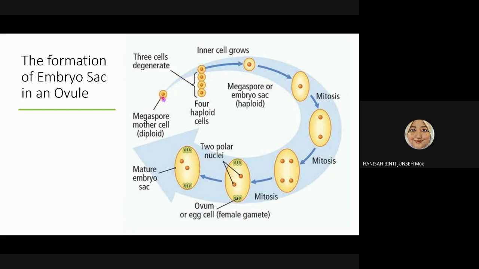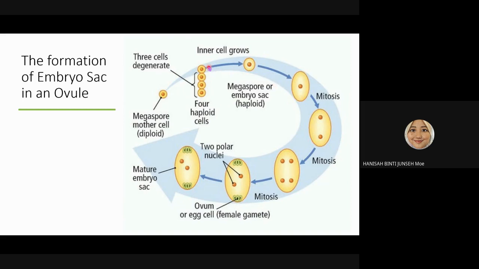From one megaspore undergoing meiosis, it will produce 4, but only one will continue to grow. Only one. How about the other 3? 3 cells will degenerate. Dia akan degenerate, merosot. Okay, dia tidak akan ada function, dia akan merosot. Macam tu je. Only one will continue to grow.